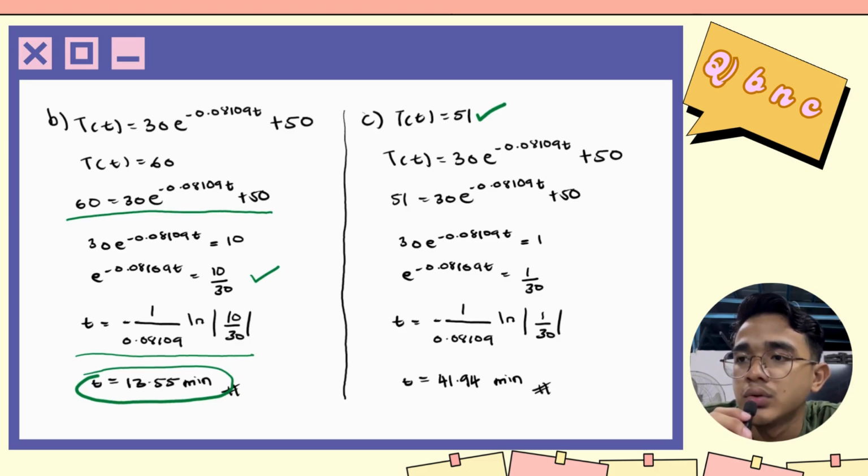So 1 equals 30 e to the power of negative 0.08109t. So we move to the other side to get the value of t. So t equals negative 1 over 0.08109 ln(1/30). So the value of t is 41.94 minutes.